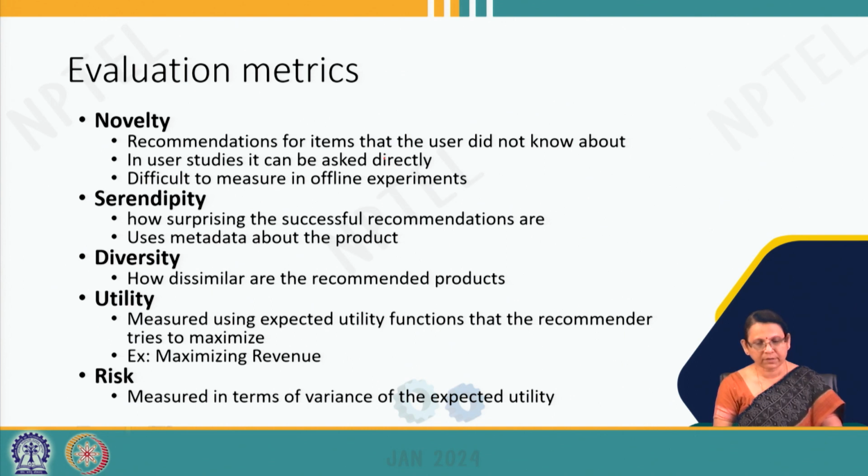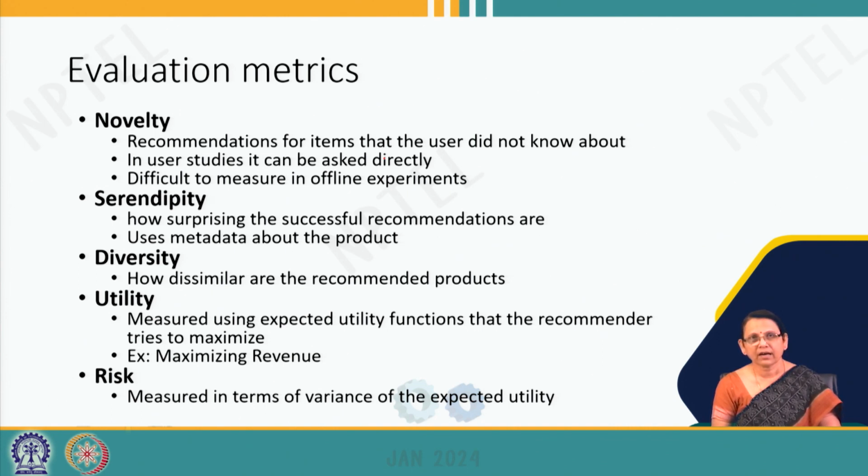Also the serendipity. So, how surprising are the successful recommendations? It can be done by comparing the metadata, that is the item details about the product. Next is diversity. This is about how dissimilar the recommended products are.